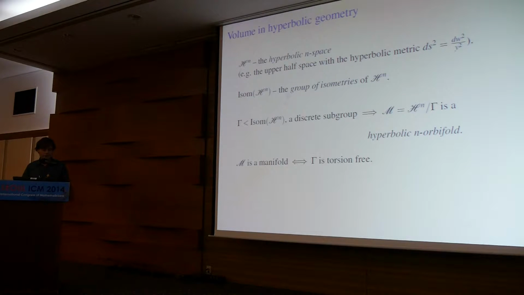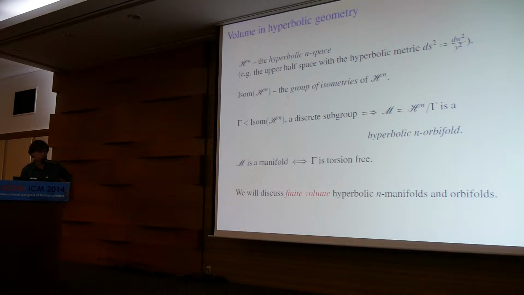So it inherits the constant negative curvature metric from the space, but if the group gamma has elements of finite order, then this quotient space will have singularities. And it also may have cusps if gamma has parabolic elements. However, if gamma is a torsion-free subgroup, then M is a manifold. So it's a constant curvature -1 n-dimensional manifold.